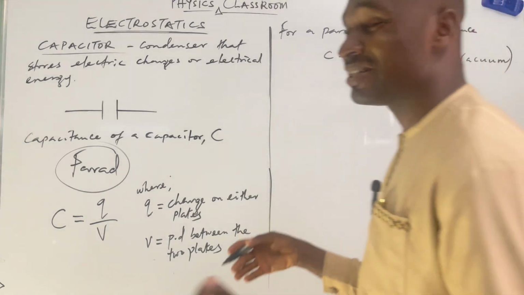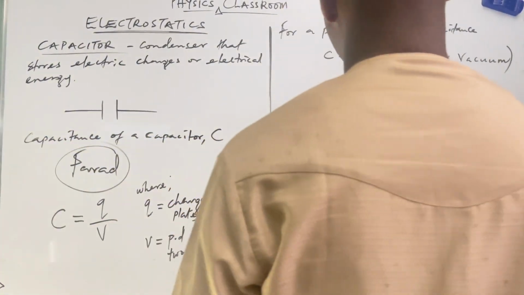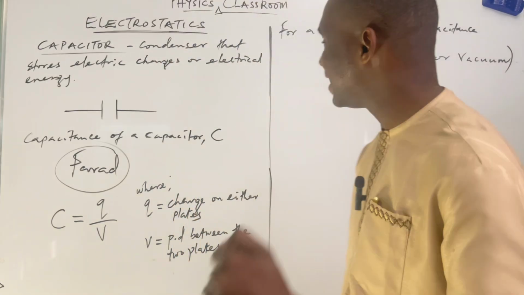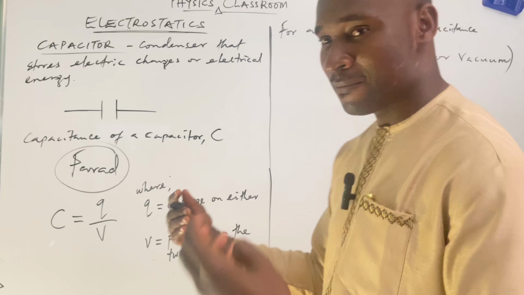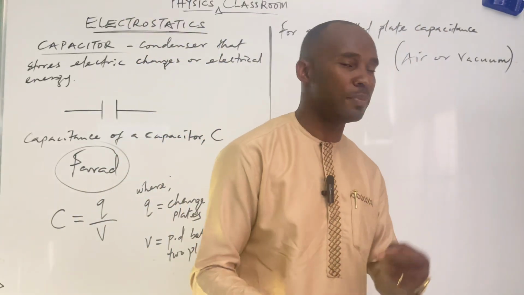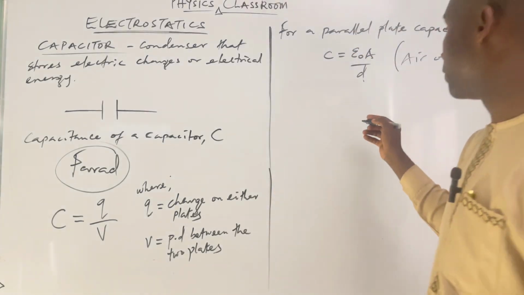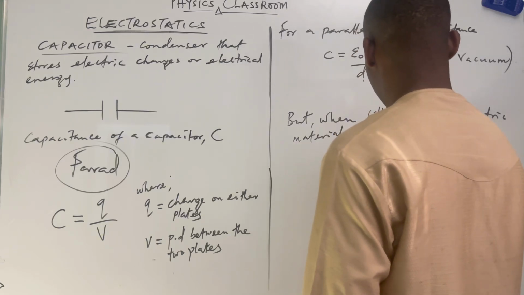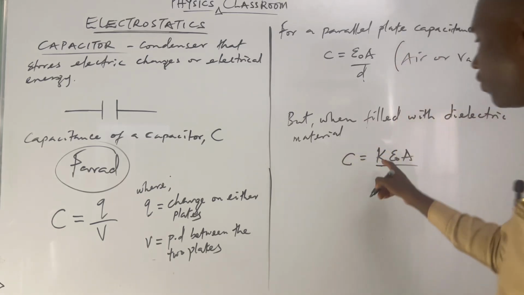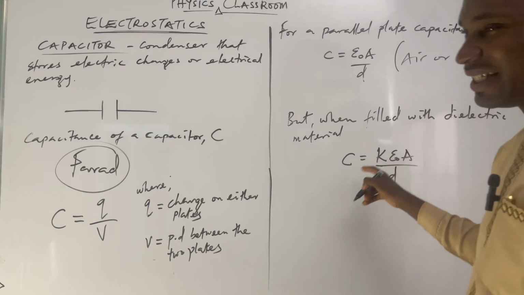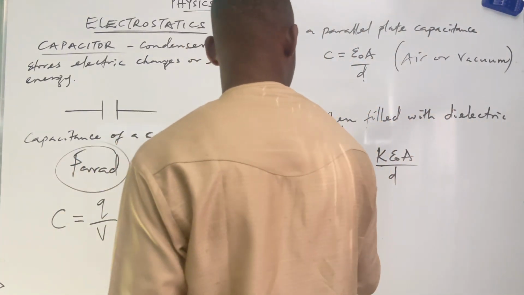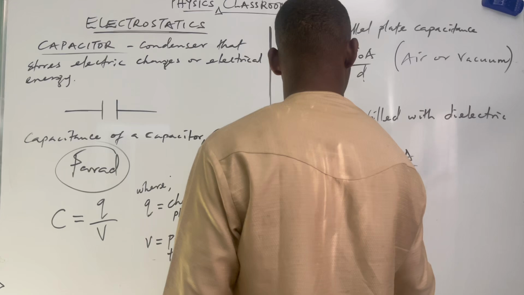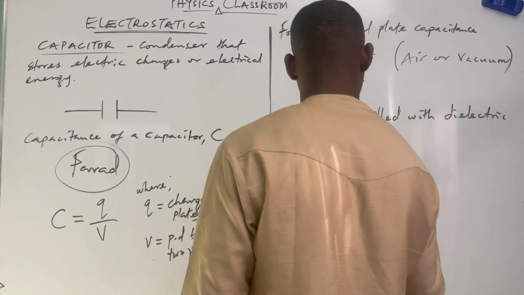We don't use any insulating dielectric material to fill it up. But when the space between the plates is filled with dielectric materials, such as mica, paraffin, sheet of paper, glass, etc., we will now have C equal to K epsilon naught A all over D, where K connotes the dielectric constant.